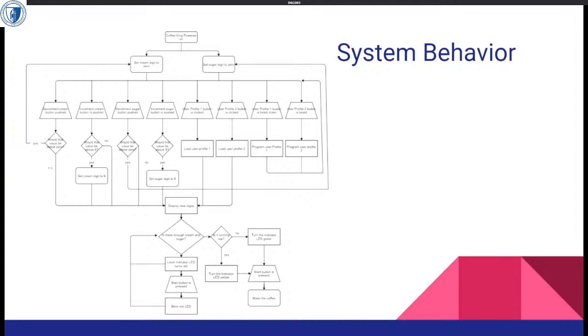So for your user settings, there's two 7-segment displays that show the levels of your cream and sugar dispensing. They're limited to 0 through 9, so you can't go below 0, you can't go above 9. We have some buttons that you can press.